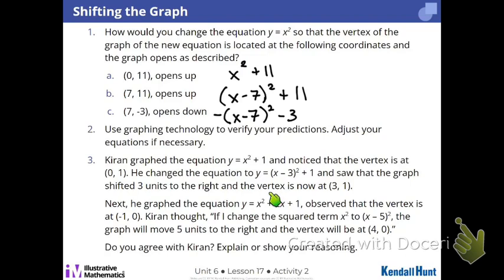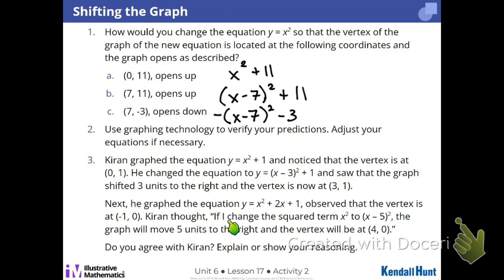Everybody go with that? That moves it right 3. Has the same plus 1 there. And that gave us 3, 1 for the vertex, because when x is 3, y is 1. Then he graphed x squared plus 2x plus 1 and saw here the vertex is negative 1. We were doing that the other day. Negative b over 2a, so negative 2 over 2 is negative 1.